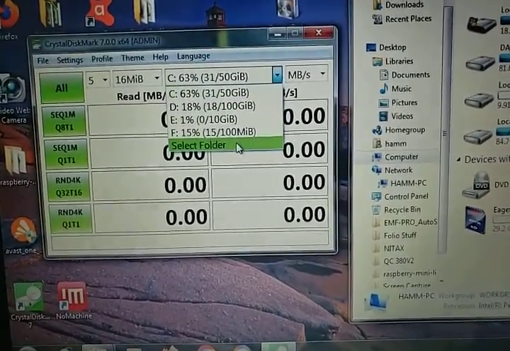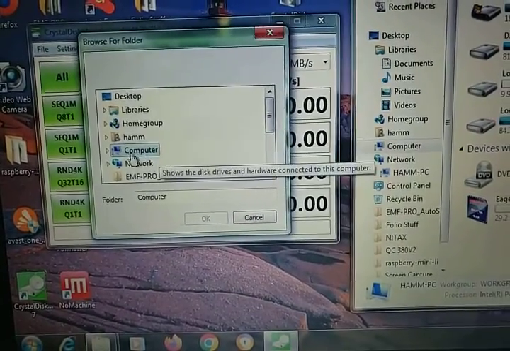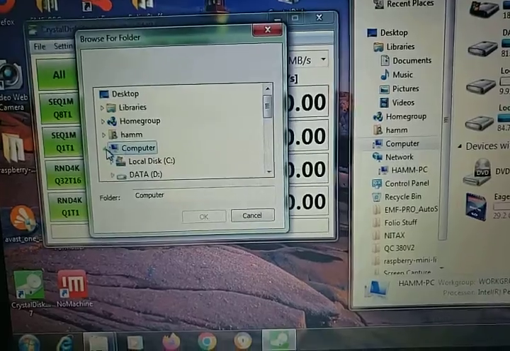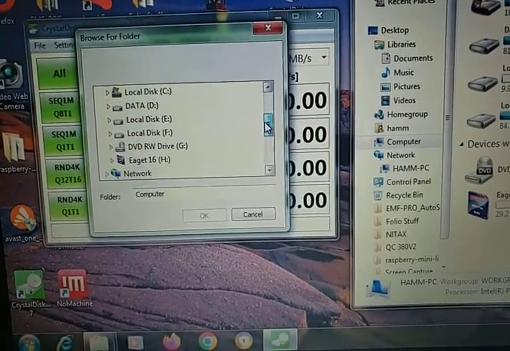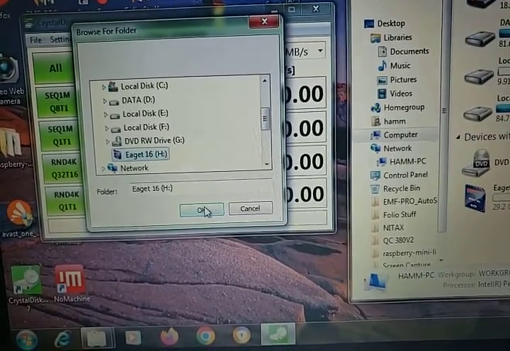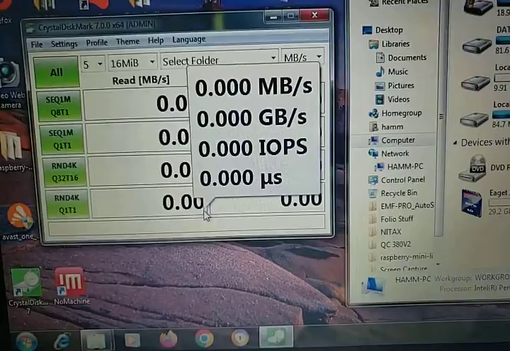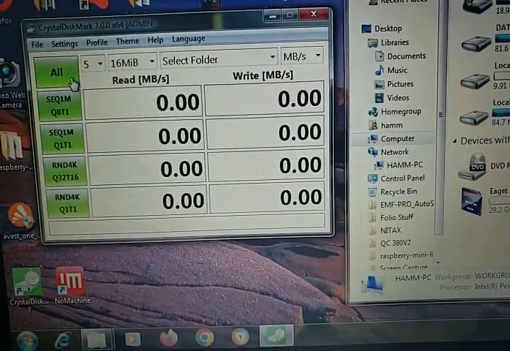I will select H. Where is H here? Okay, so let's test.